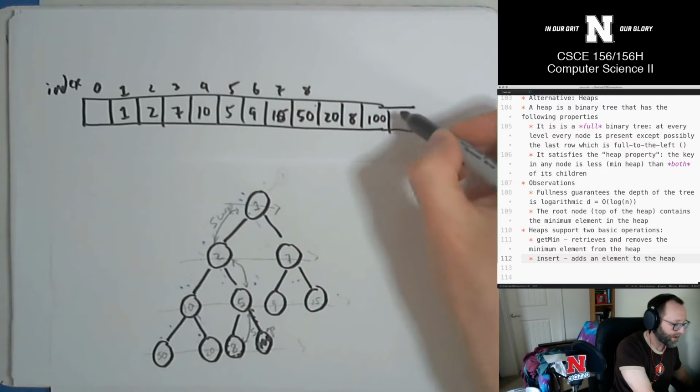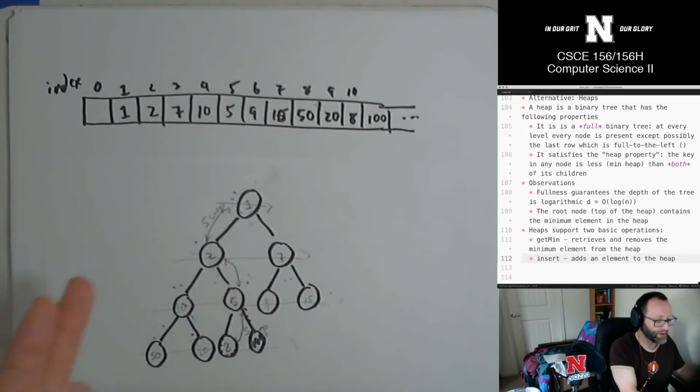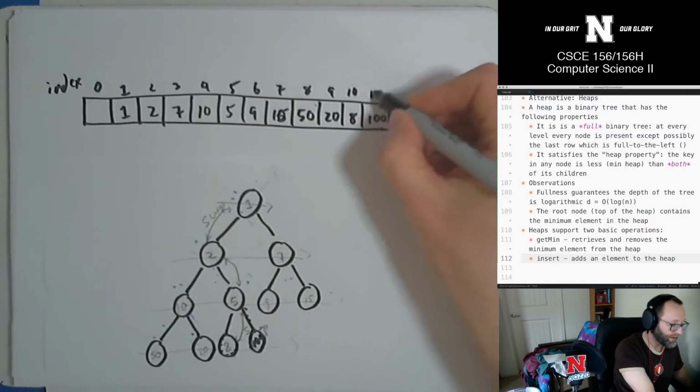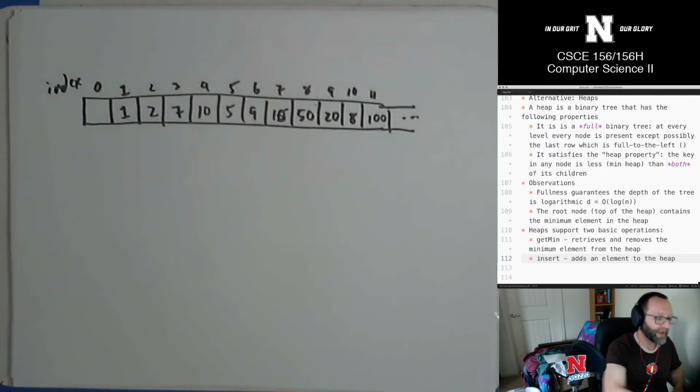And then maybe it goes off and we've got more room here. It's kind of like an array-based list where you have a larger capacity, but the number of things that you're actually holding in here is only 11 things. Now, that's actually the implementation of a heap.